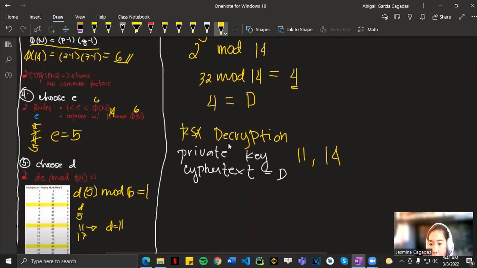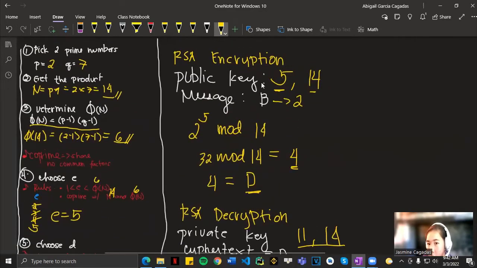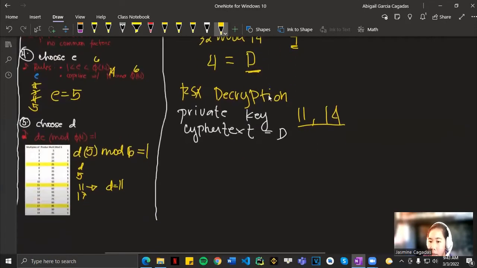So now, once the receiver receives this ciphertext, he could decrypt it using the private key. The public key, anyone can have, but the private key should be kept private. To decrypt the ciphertext, it's the same as the method that was done earlier. We have to convert this to a number.